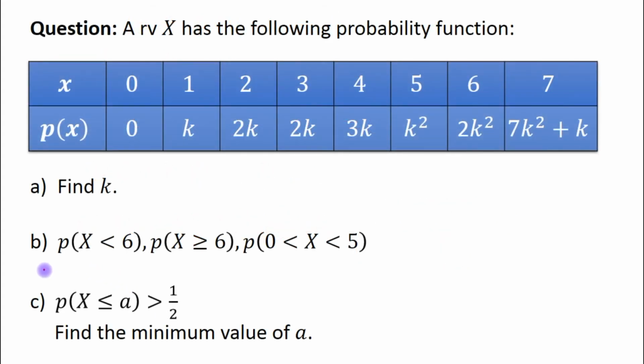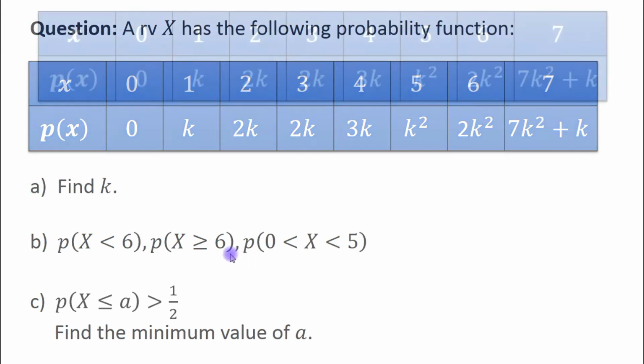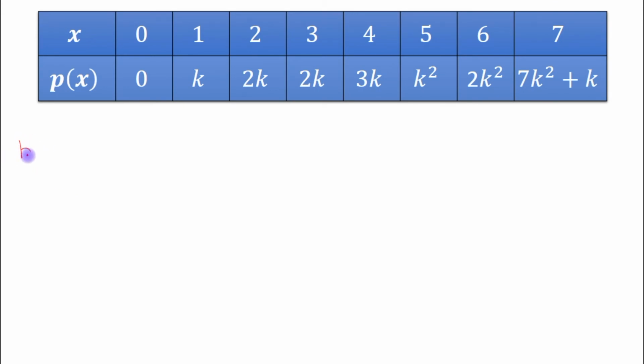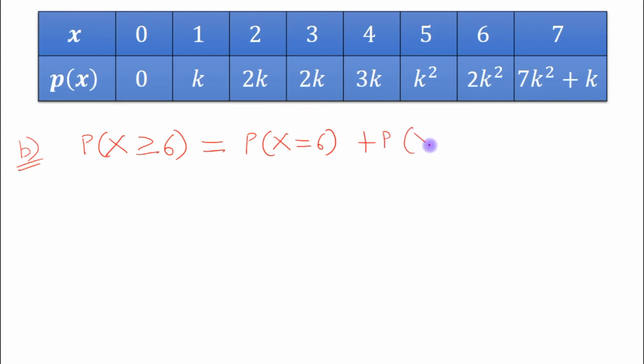Next we will look at the b part. We need to calculate these probabilities, so we will solve for the b part. Firstly, I will calculate probability of x greater than or equal to 6. That means it will be equal to probability of x equals 6 plus probability of x equals 7.